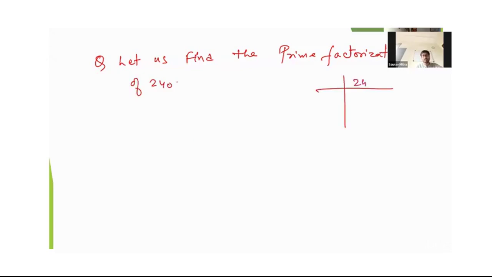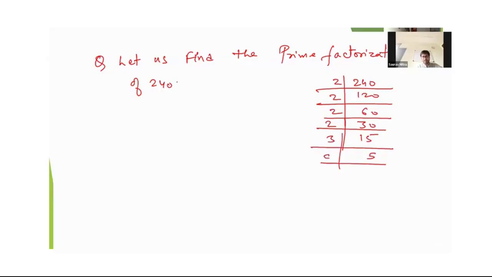Let us find the prime factorization of 240. 240 can be written as 120, 60, 30, 15, and 5, 1.